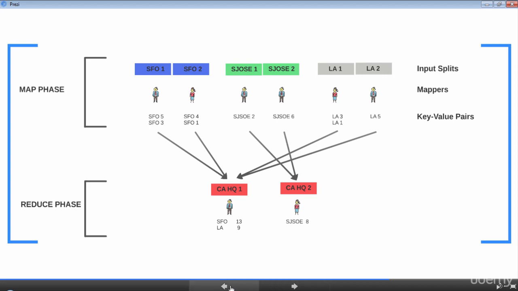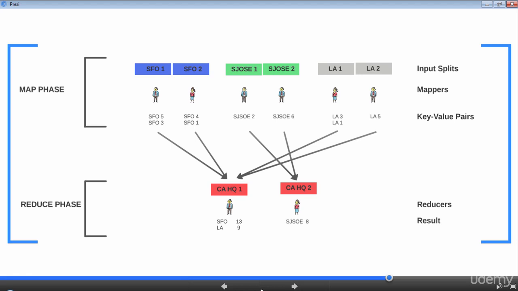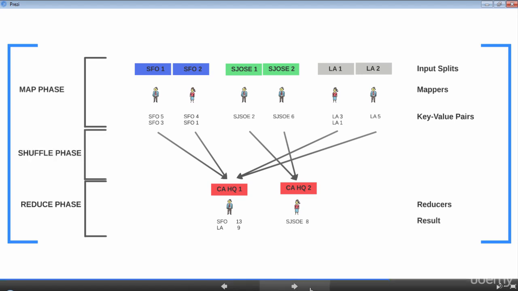The phase where you aggregate the intermediate results from each city or mapper in the headquarters is called the reduce phase. And the individuals who work in the headquarters are known as the reducers because they reduce or consolidate the output from many different mappers. Each reducer will produce a result set. The phase in which the values from the different mappers are copied or transferred to reducers is known as the shuffle phase.